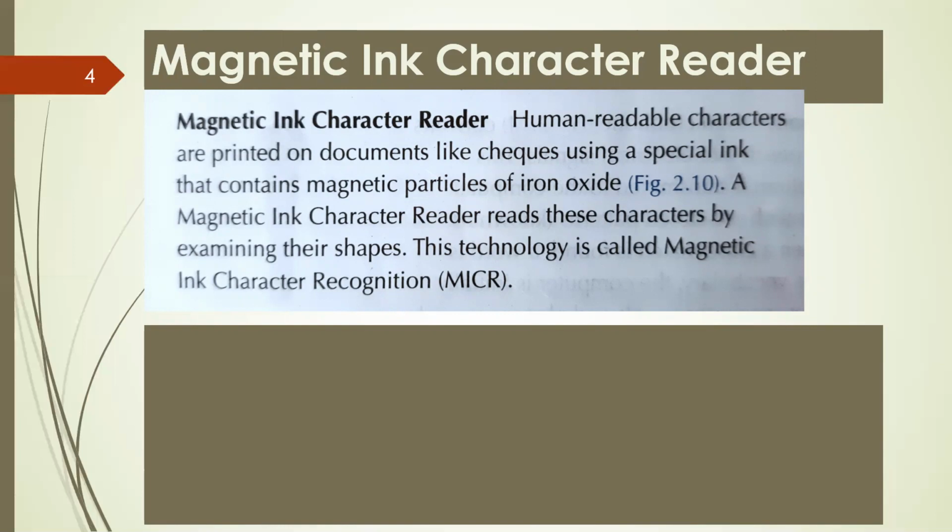Human readable characters are printed on documents like checks using a special ink that contains magnetic particles of iron oxide. A magnetic ink character reader reads these characters by examining their shapes. This technology is called magnetic ink character recognition, MICR.